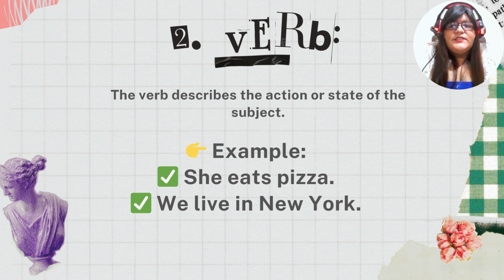Then we have verb. The verb describes the action or state of the subject. For example, she eats pizza. We live in New York. What's the verb of these sentences? Yeah, eats and live. It is the action that is performed in the sentence.